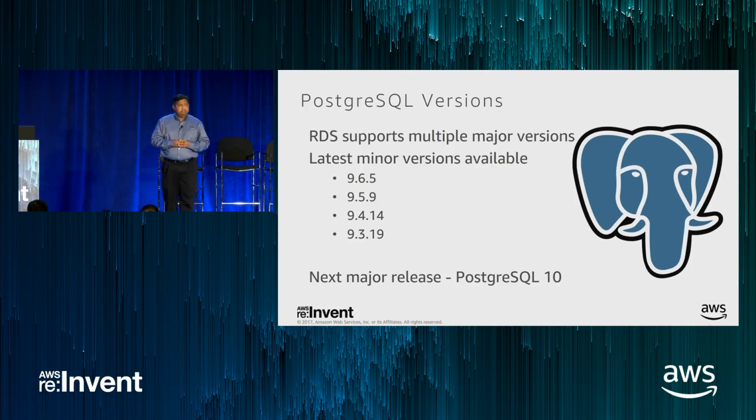Our current preferred version is 9.6 on RDS. On Aurora also, we have the major version 9.6.3 currently available. If you're using EC2, you're free to install any version that you like that is still supported by the community. We are also working on Postgres 10, so you would probably see that as soon as it's available.